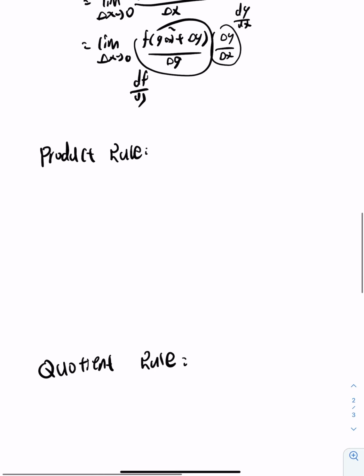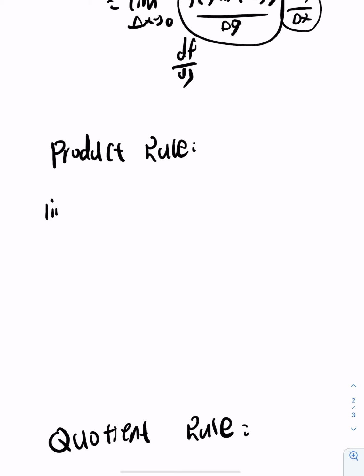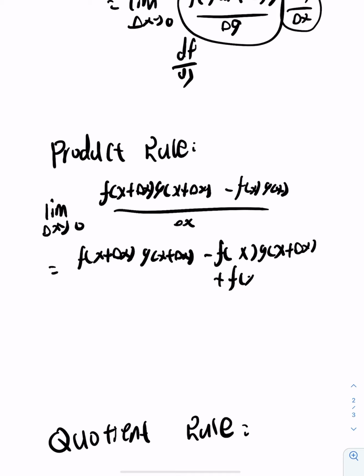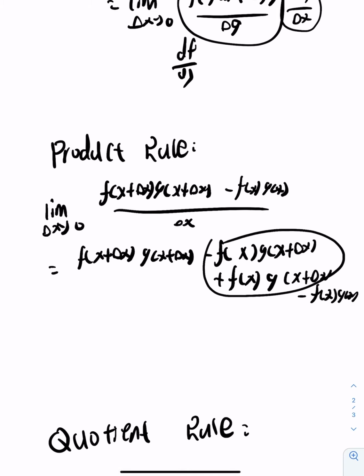And now we're going to the product rule, which, by its own definition, is f(x plus delta x) g(x plus delta x) minus f(x) g(x), divided by delta x, which we can write out as f(x plus delta x) g(x plus delta x) minus f(x) g(x plus delta x) plus f(x) g(x plus delta x) minus f(x) g(x). It's pretty nice. These two terms, when added together, are equal to 0.